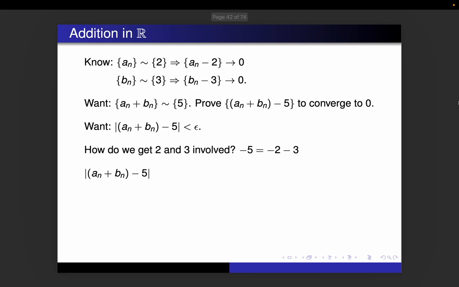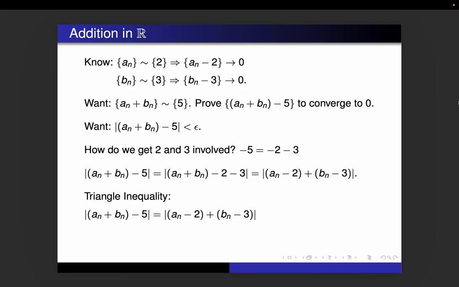So we plug that back in, we get An plus Bn minus 2 minus 3, we shift those terms around a little bit, and we get An minus 2 plus Bn minus 3. Those look a lot like the An minus 2 and Bn minus 3 in the first couple lines up there. And we have the plus in between them, so you better believe we're going to use the triangle inequality.